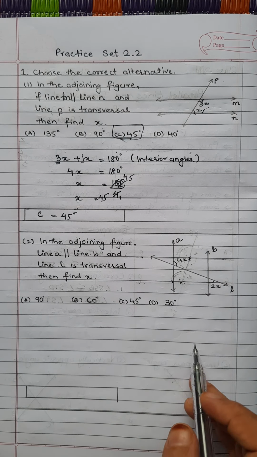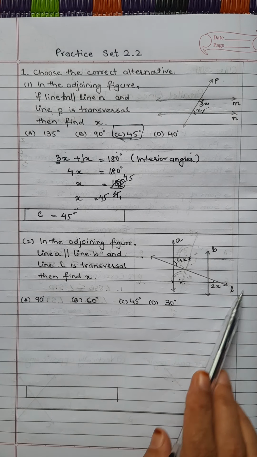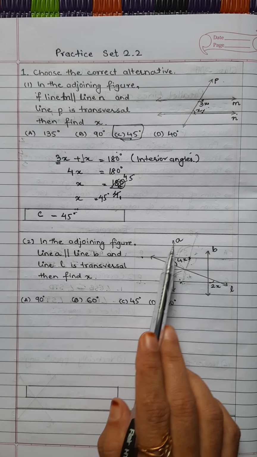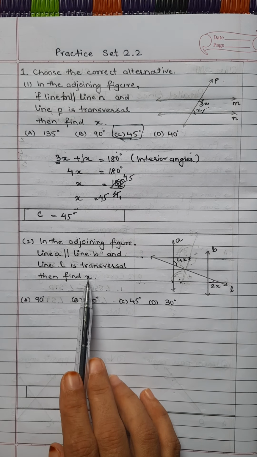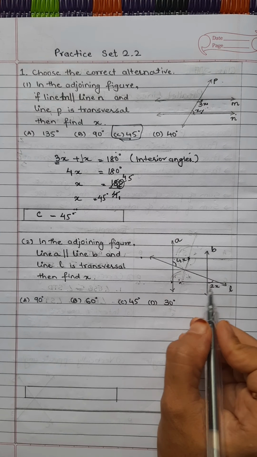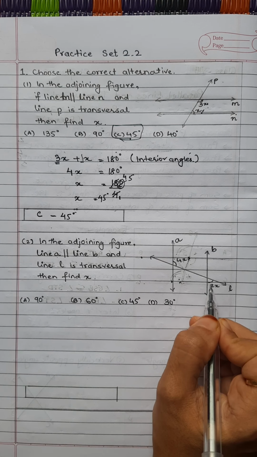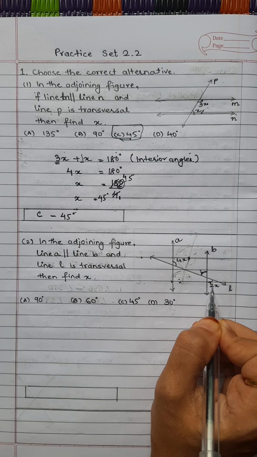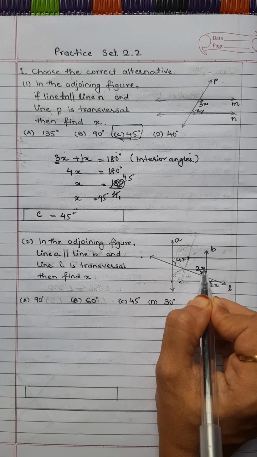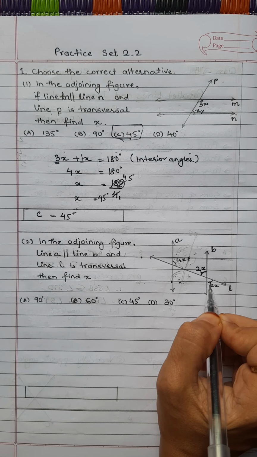Next, in the same question, in this figure, line A is parallel to line B, and line L is a transversal. So again find x. You can see 2x is here. 2x forms a vertically opposite angle with this. Vertically opposite angles are congruent, so this will also be 2x.